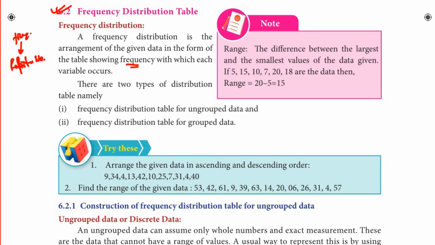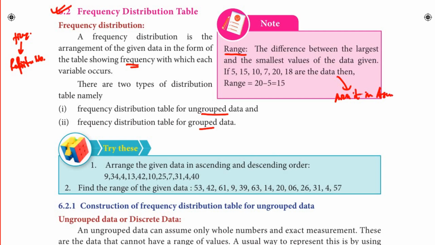Now, you see there are two types of distribution table, namely the frequency distribution table for ungrouped data and the frequency distribution table for grouped data. Now, in this regard, let me tell you the concept of range. What's range? Basically, the difference between the largest and the smallest values of the data given. So, if this is the data, then first you have to arrange it in ascending order.